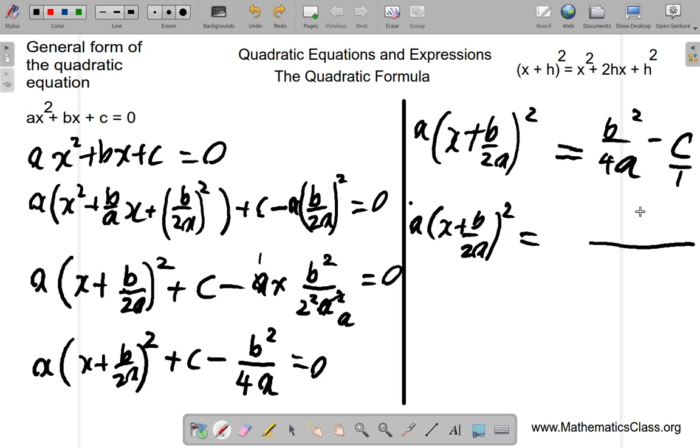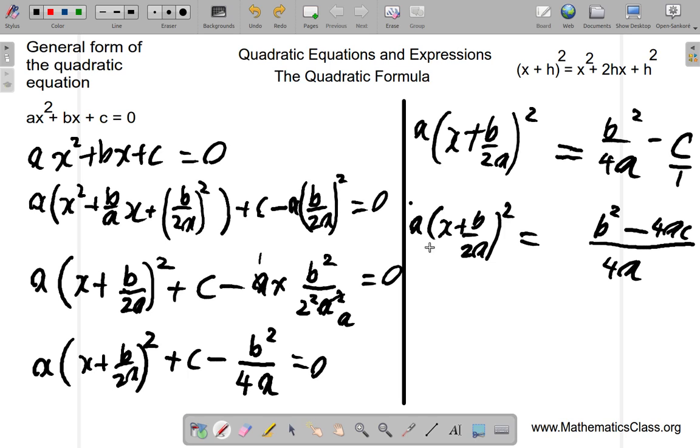Remember how we subtract two fractions. The LCM of 4a and 1 is 4a. 4a into 4a goes 1 time. 1 times b squared is b squared, minus 1 into 4a goes 4a times. 4a times c is 4ac. Okay, good.